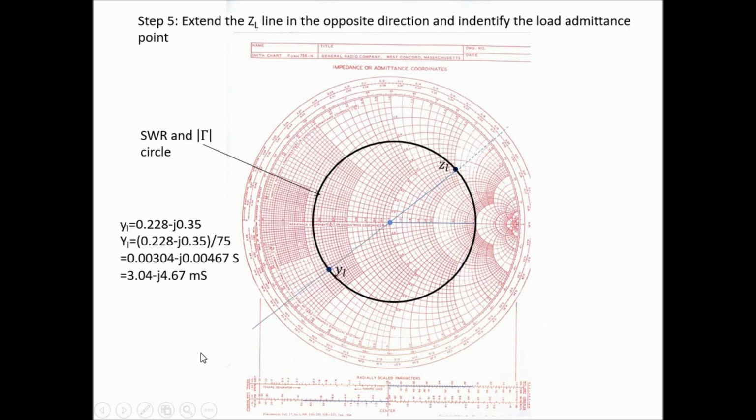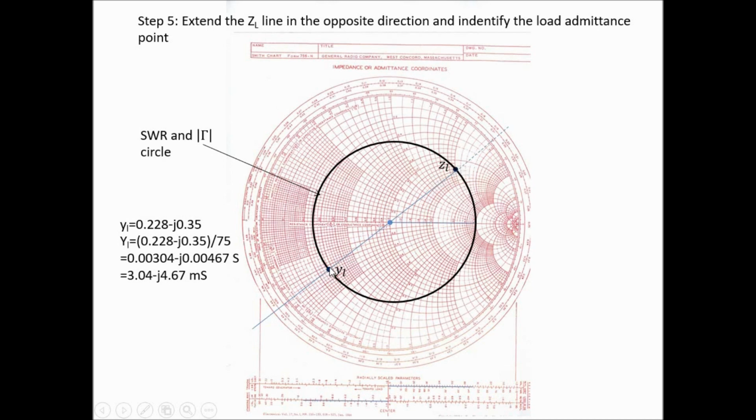Now you have to find YL, the load admittance. To find YL, this was your ZL. You translate this line to the opposite direction, and this line will intersect the circle at this point. This is your YL. The opposite to the ZL will be YL. So if it is ZL here, the YL will be here.